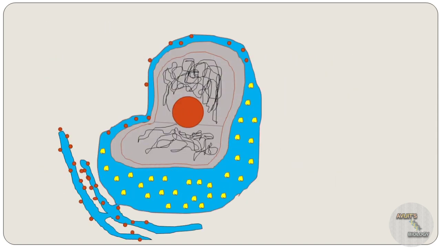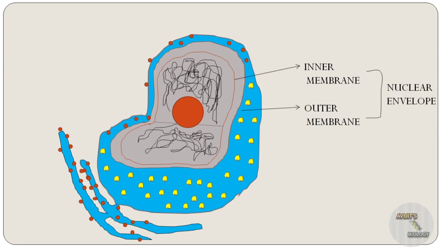This is a 3D structure of the nucleus, and this is the inner membrane, and this is the outer membrane, and these two membranes together develop the nuclear envelope. This is the nucleolus, and this is the nucleoplasm, the cytoplasm of the nucleus.